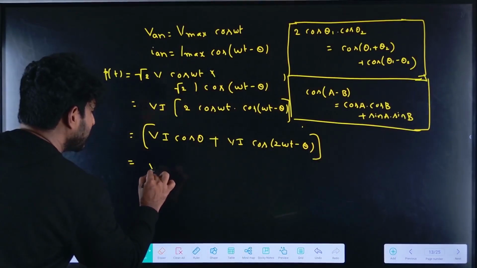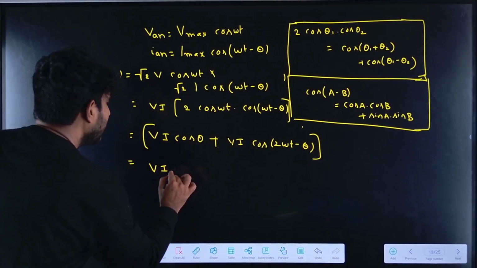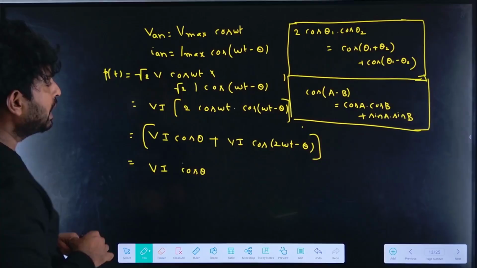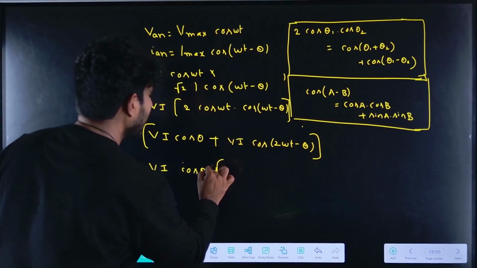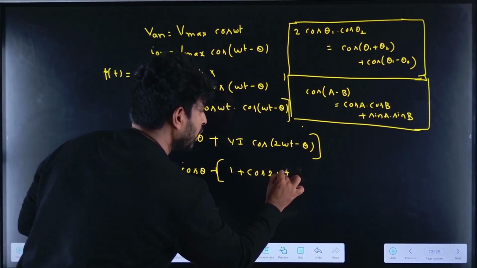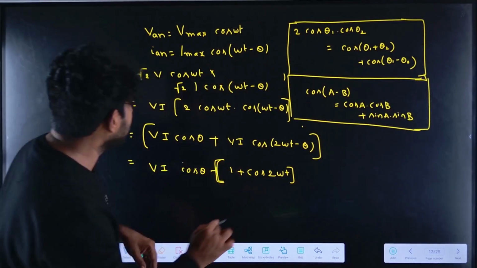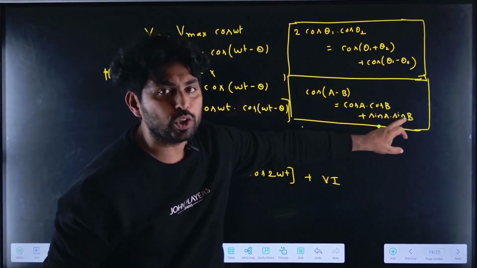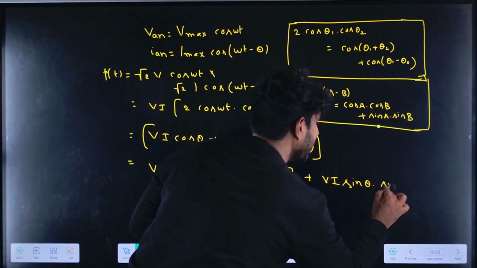If I write the expression, it equals VI cos theta into 1 plus cos 2 omega t, plus VI sin theta into sin 2 omega t.